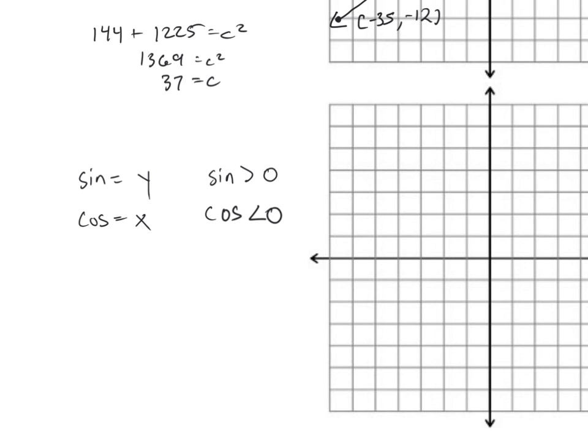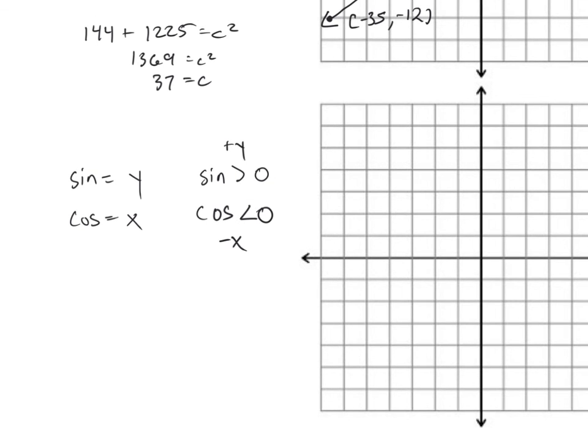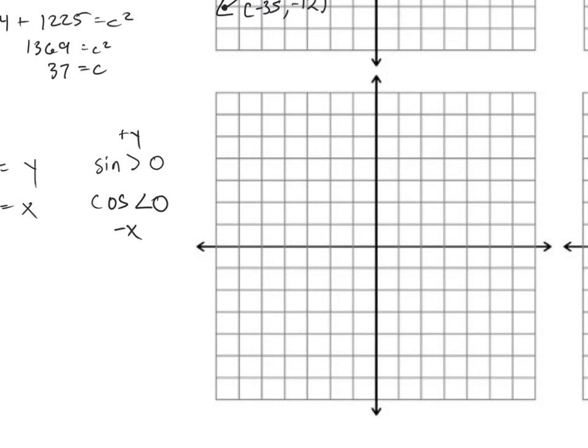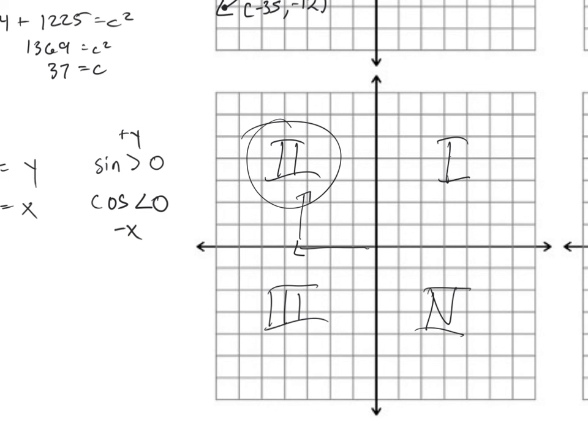Let's think about what that means. That means our x's are negative and our y's are positive, right? And they want us to find what quadrant that lands in. Remember, this is quadrant 1, 2, 3, and 4. Our x's are negative, so we go this way, and our y's are positive. It lands in quadrant 2.